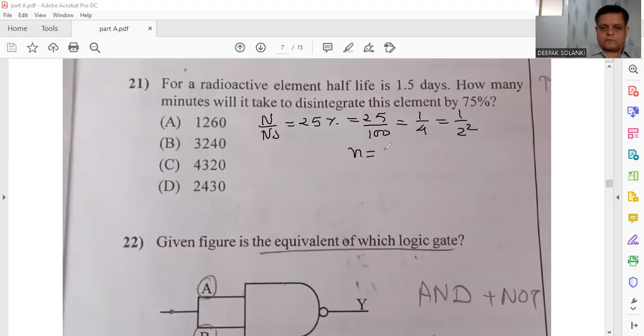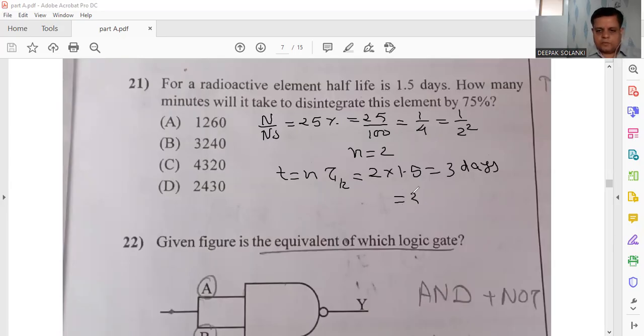So your n is 2, and T is n times tau half. Your n is 2, tau half is 1.5 days, so 3 days. We have to find the answer in minutes, so 3 into 24 into 60. So it comes 4320.